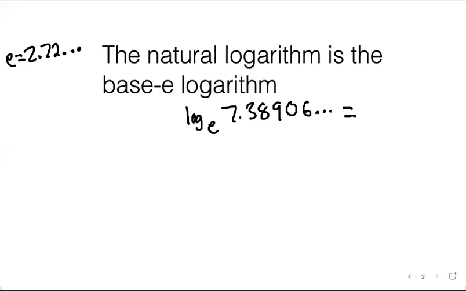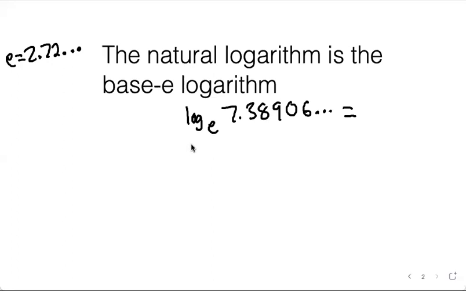Okay, so let's try to do this logarithm. If you remember, there are two ways that you can think about logarithms. Here's the first way. How many e's do I have to multiply to get 7.38906 dot dot dot?